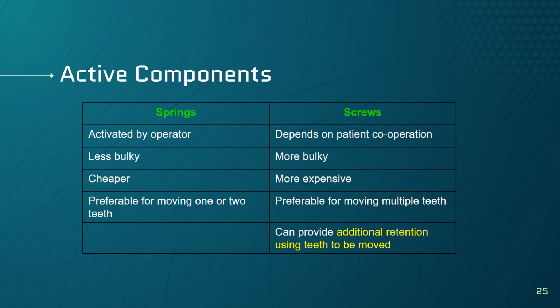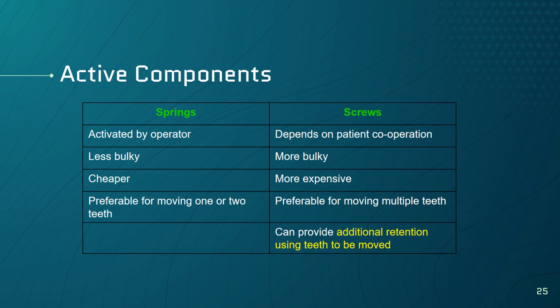Now, let's compare springs and screws. The springs are usually preferred because they are activated by the operator or clinician, whereas screws are turned on a daily or weekly basis at home, and thus depend on patient cooperation.